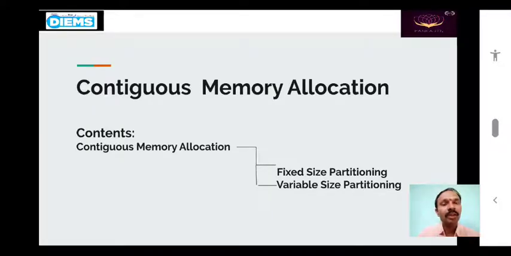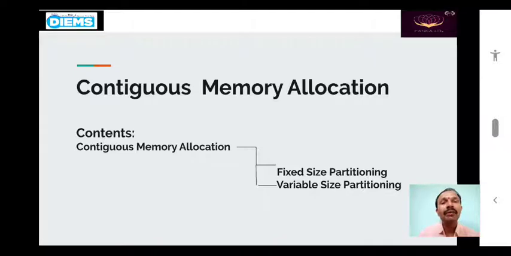Now, as I was discussing contiguous memory allocation, we also saw the non-contiguous memory allocation scheme. In non-contiguous memory allocation, we are solving the problem of external fragmentation. What is meant by external fragmentation?